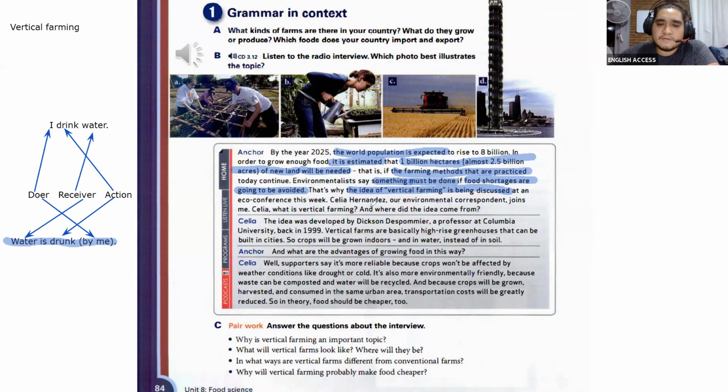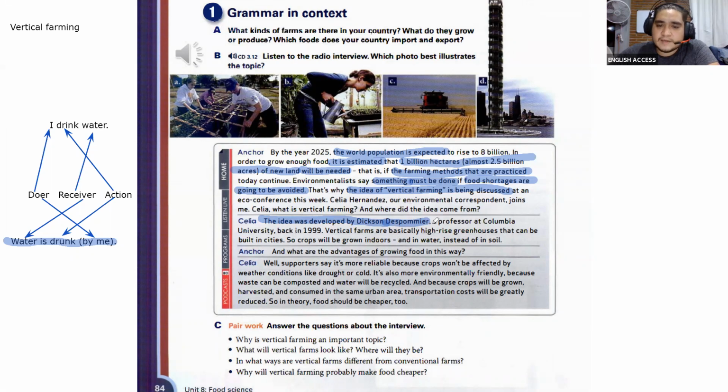Celia, what is vertical farming and where did the idea come from? The idea was developed by Dixon Depomier, a professor at Columbia University back in 1999.